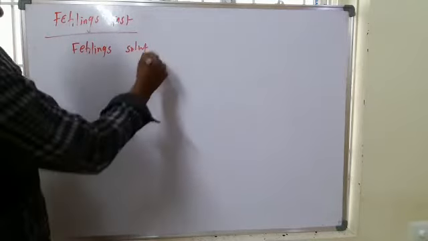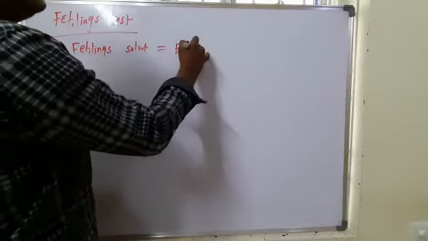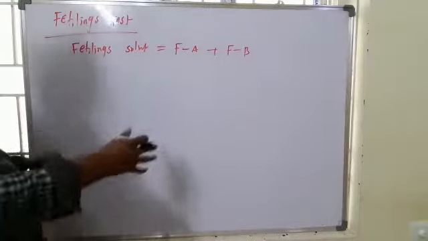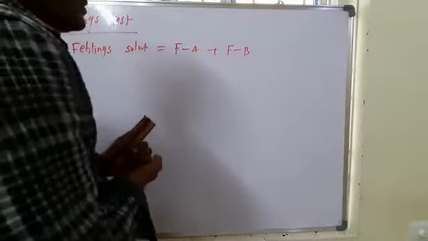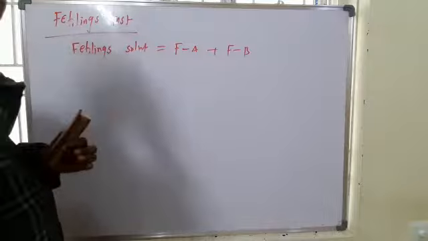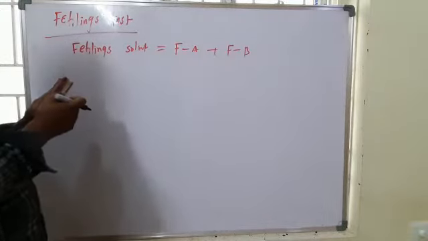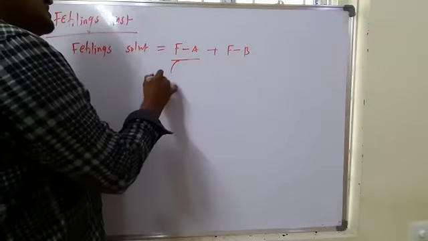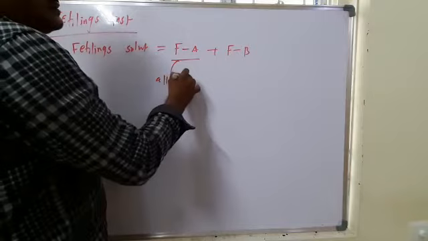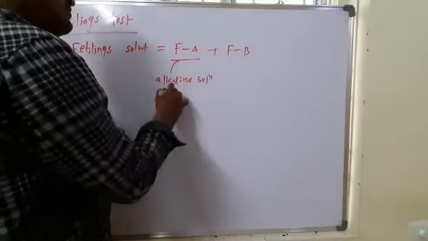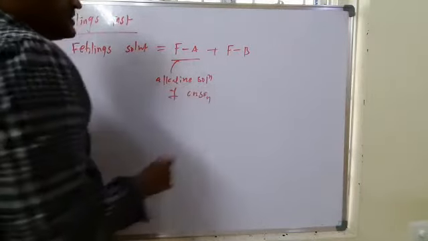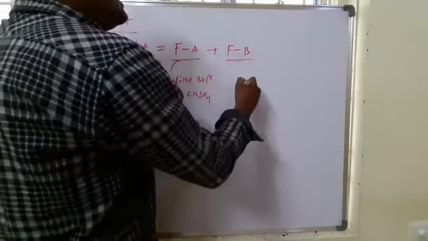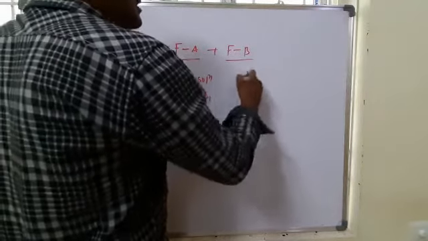It is the mixture of Fehling's solution A plus Fehling's solution B. Before the test, we have to prepare this solution freshly. So Fehling's solution A is the alkaline solution of copper sulfate, that means copper sulfate in a basic medium. And Fehling's solution B is sodium potassium tartrate.